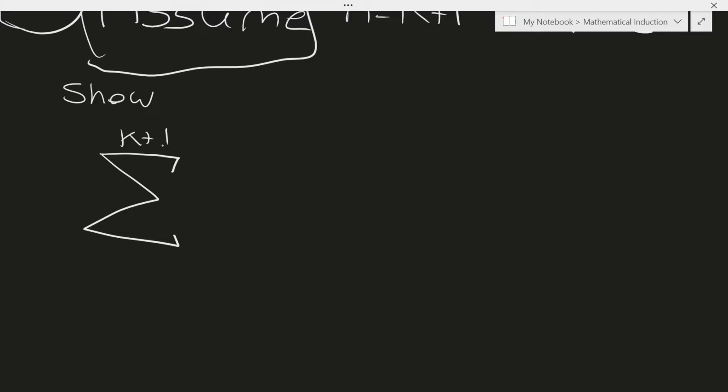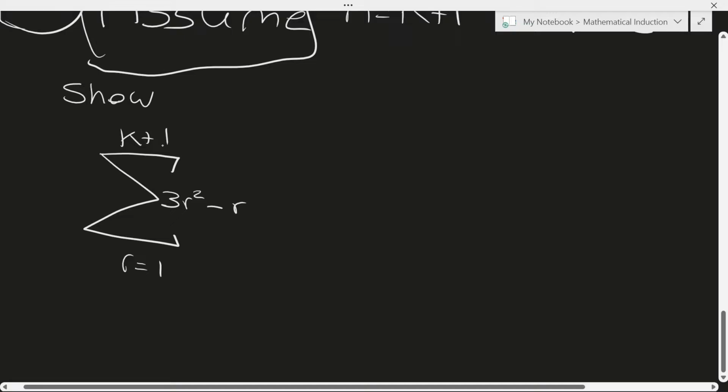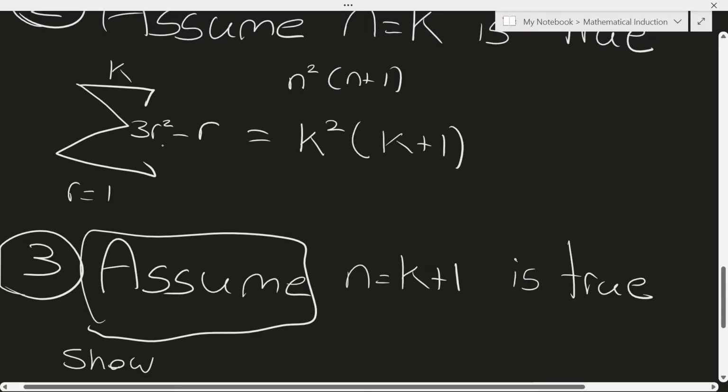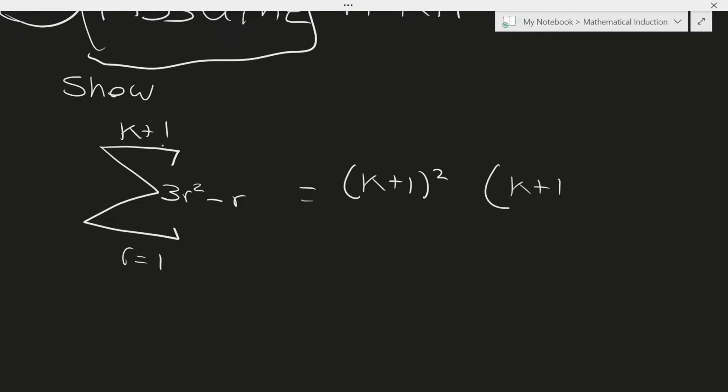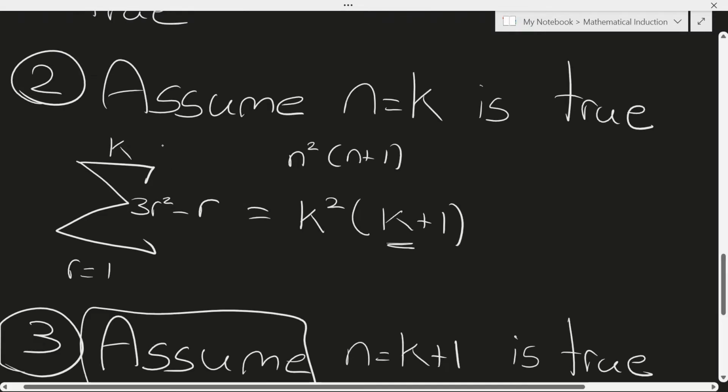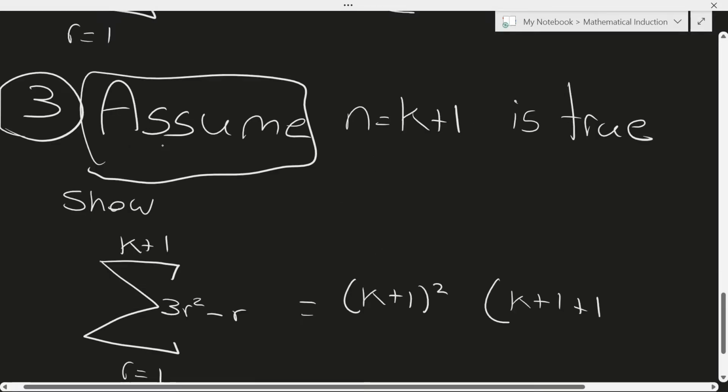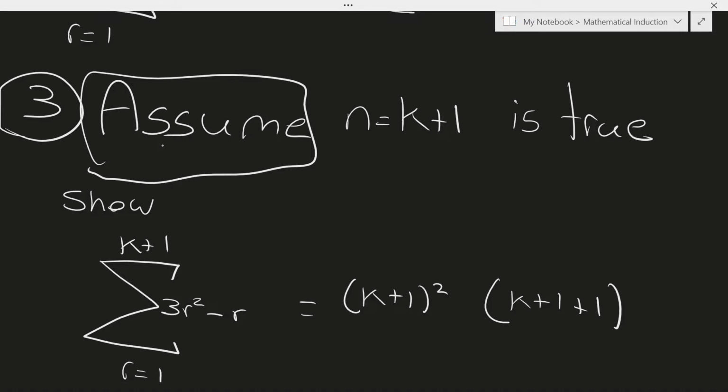And this is 3r squared minus r equals 1, equals, and we can see the formula up here, n squared, n plus 1. Wherever we see n squared, we'll have k plus 1 squared times k plus 1, because that's where n is, right here. And then we'll have that plus 1. Please don't forget to add this additional 1, because sometimes it happens, and that is just very, very wrong.